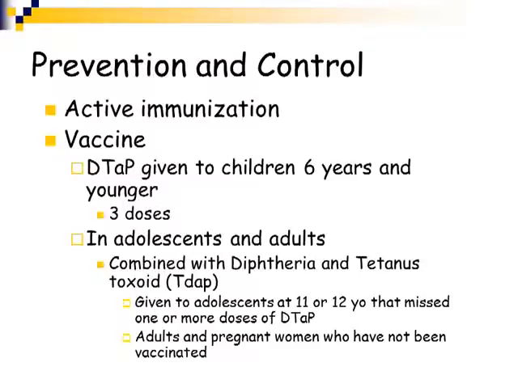And usually, it used to be called DTP, diphtheria, tetanus, and pertussis. It's now called the Tdap, and it's given to adolescents at 11 or 12 years of age that either missed 1 or more doses of the original DTaP vaccine. It's also given to adults and pregnant women who have not been vaccinated.